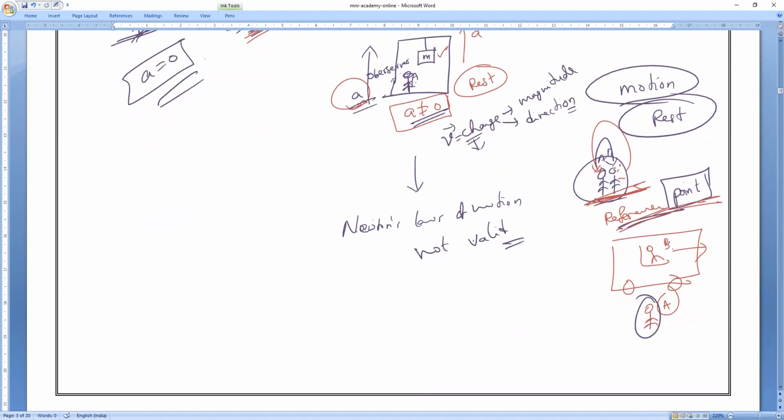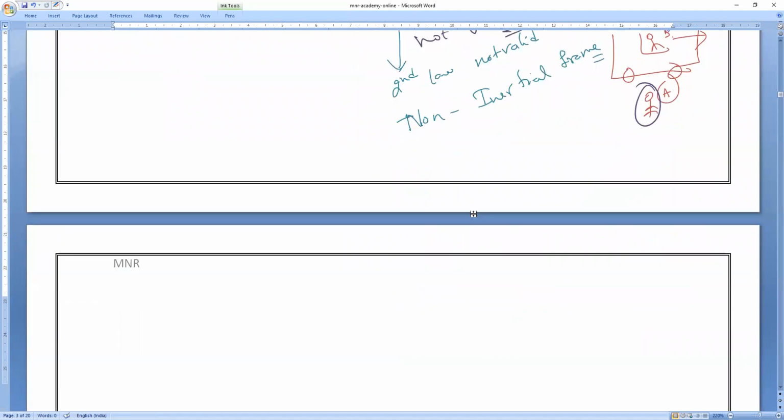Mainly Newton's second law is not valid when the observer's acceleration is not zero. This is the frame we used to call a non-inertial frame of reference. Clear, everyone?